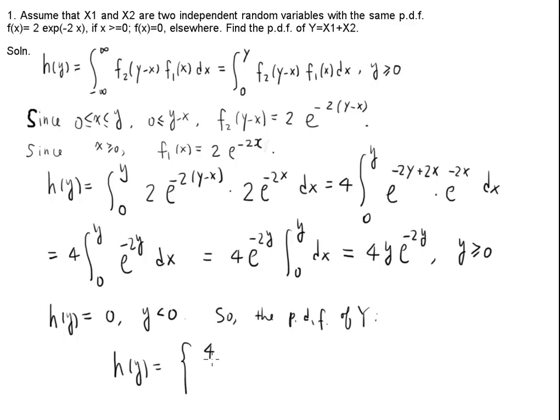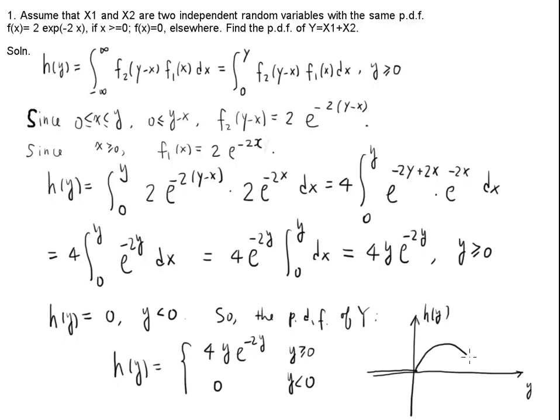One is 4y e to the negative 2y when y is greater than or equal to 0, and it's going to be 0 if y is less than 0. If you try to sketch a diagram, it looks like this. This is y, and this is h of y. So it's going to be 0 over here, and then it picks up something like this, and then it goes to 0 as y goes to infinity.